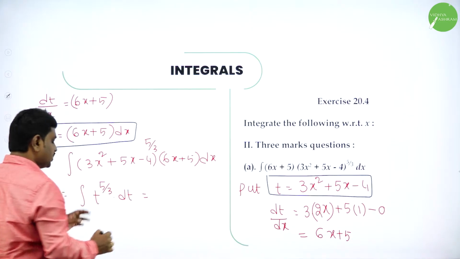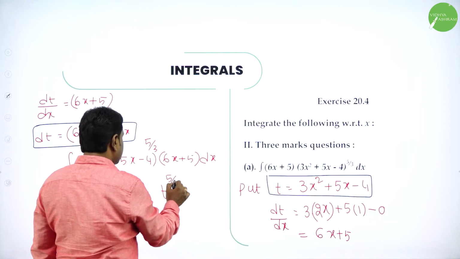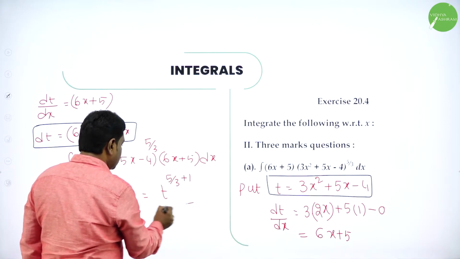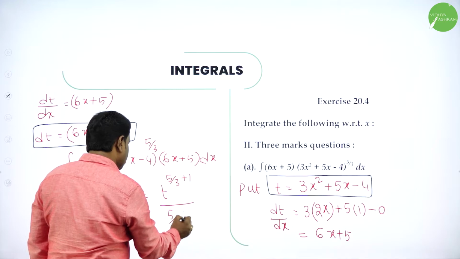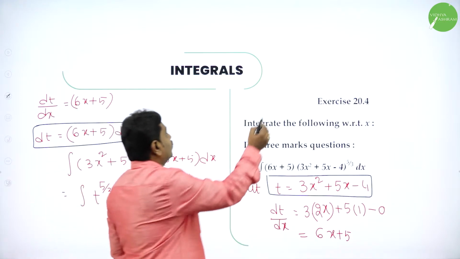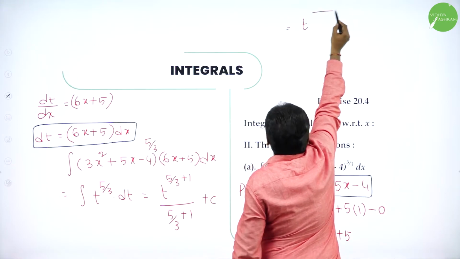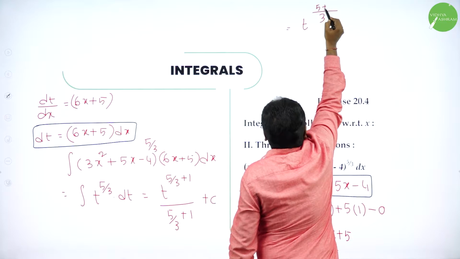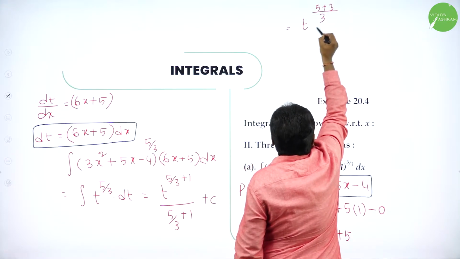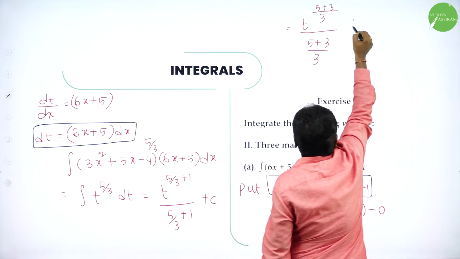All of you know integration of x power n is what? x power n plus 1 by n plus 1. 5 by 3 plus 1 divided by 5 by 3 plus 1, plus c. Simplify this further. So it will become t power 5 by 3 plus 1, if you take 3 as the LCM, 5 plus 3 1s are 3, divided by 5 plus 3 by 3, plus c.